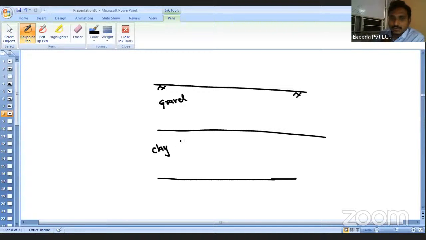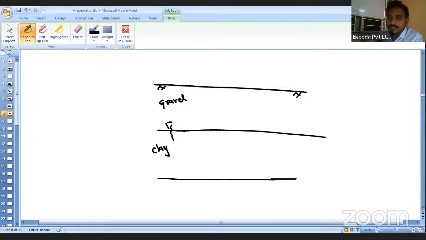If it is gravel, then long-term displacements cannot happen. But if it is a clayey soil, completely saturated, then because of long-term loading, water may expel from the clay, and because of that, settlements can occur. If it is very long-term, those will be very large in magnitude.